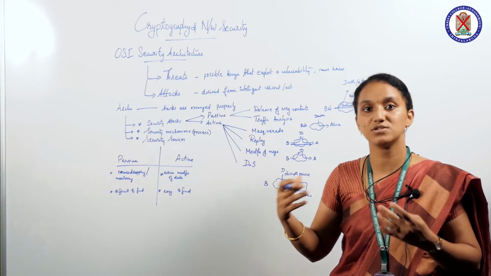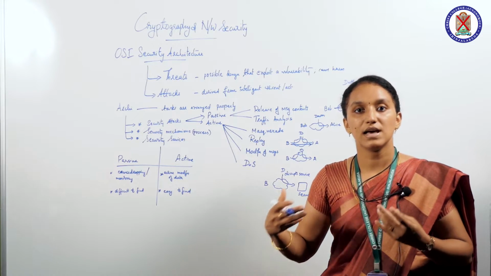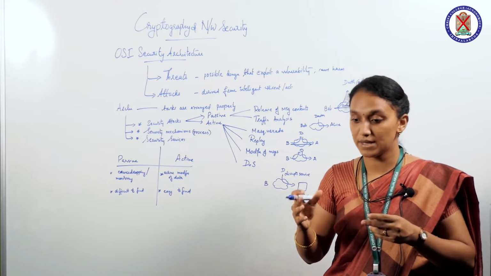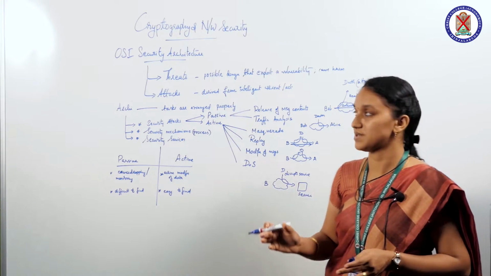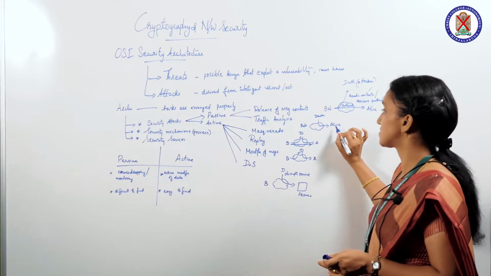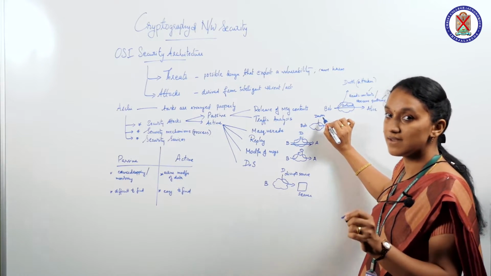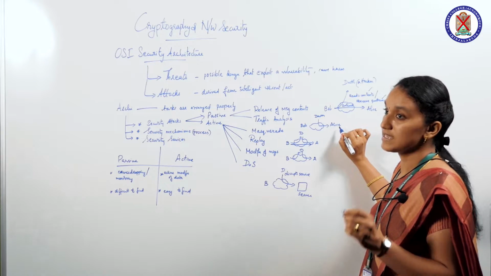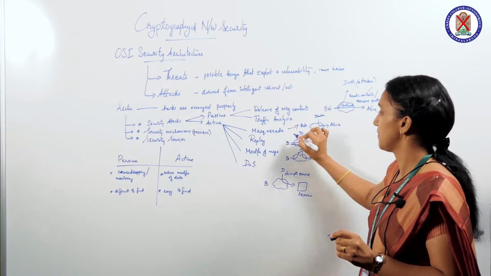I'm saying I'm the manager, and I'm sending some mail to my colleague. I'm impersonating, I'm changing my identity, and that is masquerade. Here Bob is trying to communicate with Alice, and Darth is actually sending the message to Alice saying that he is Bob. That is masquerade.